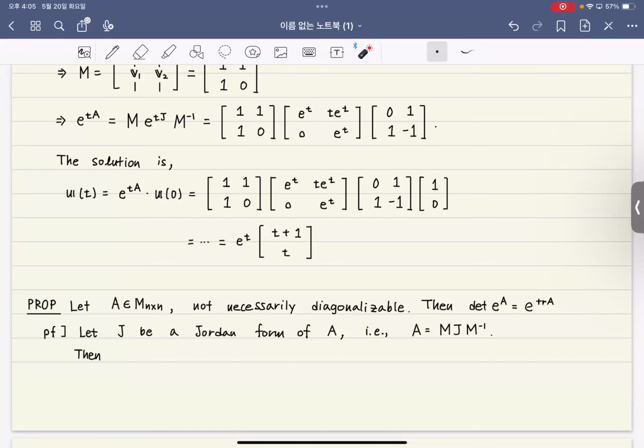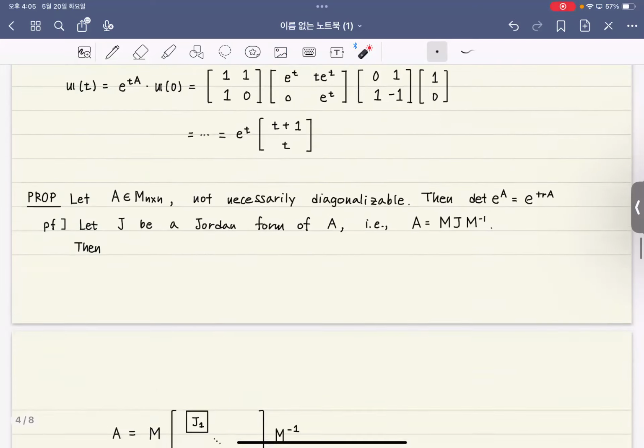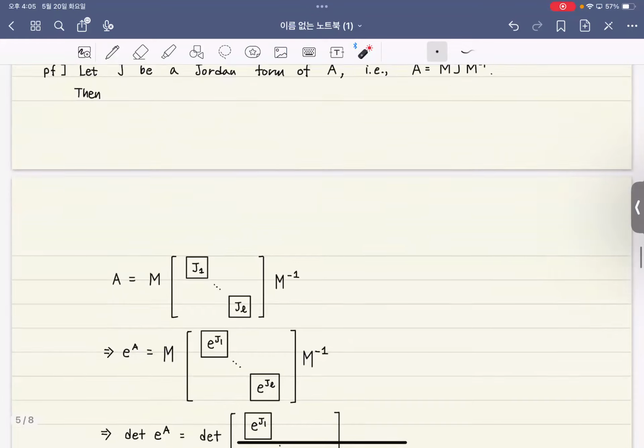So how do I prove this? Well, the idea is also the Jordan form of the matrix, right? In such propositions, the Jordan form plays a very crucial role. Every matrix is similar to some Jordan form. So A is M times J times M inverse.